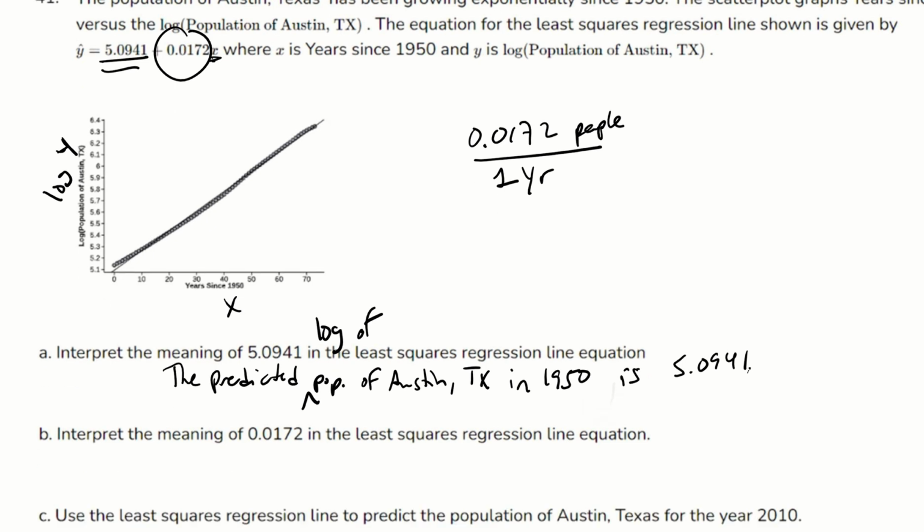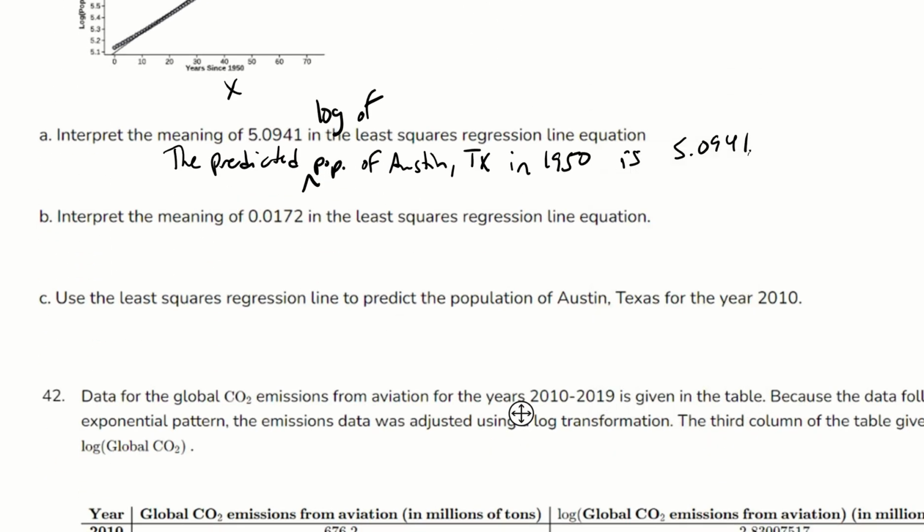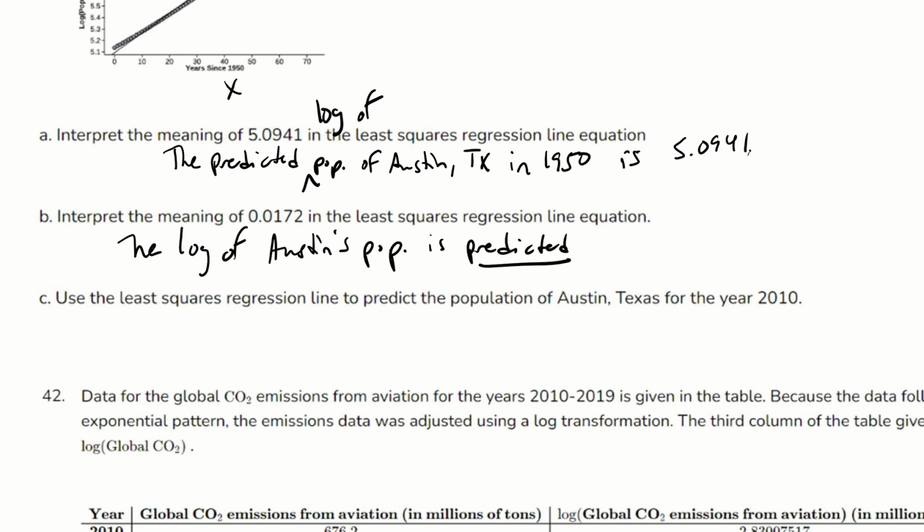Basically, we'll just say that the log of Austin's population is predicted to increase by 0.0172 for each additional year, or per year, you could say.